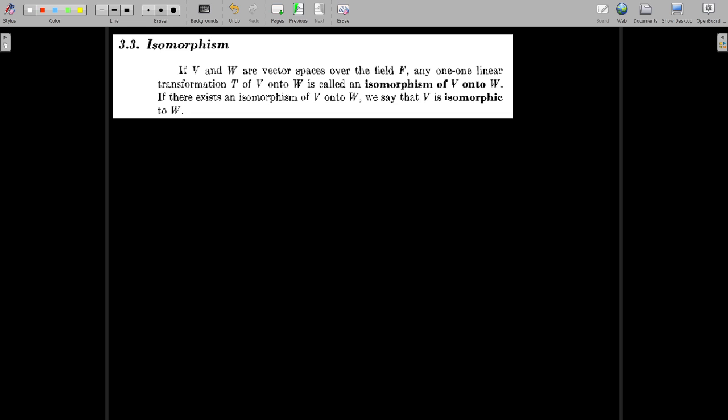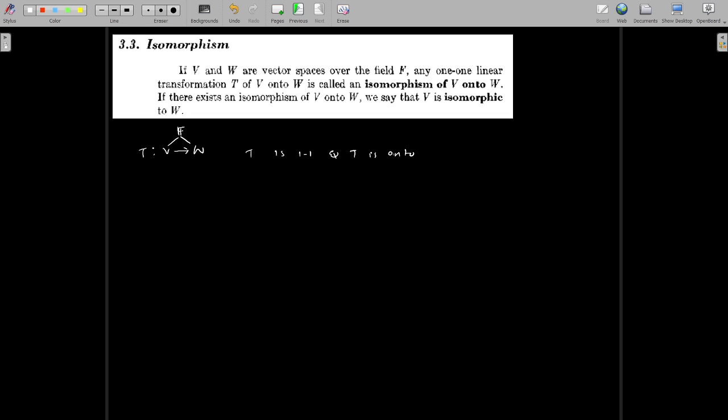If V and W are two vector spaces over the field F, so this F should be common to V and W, then any one linear transformation T of V onto W is called an isomorphism of V onto W. That means T from V to W, both vector spaces should be defined over a common field F, and this T is 1-1 and T is onto.